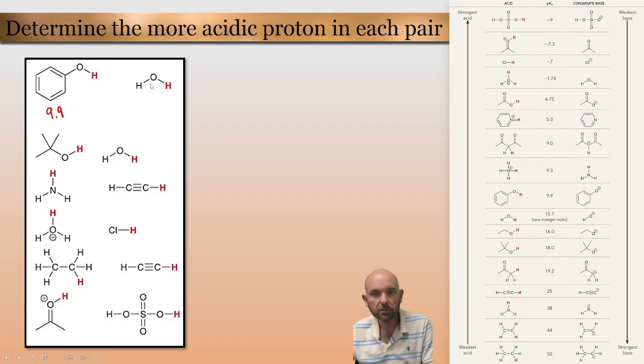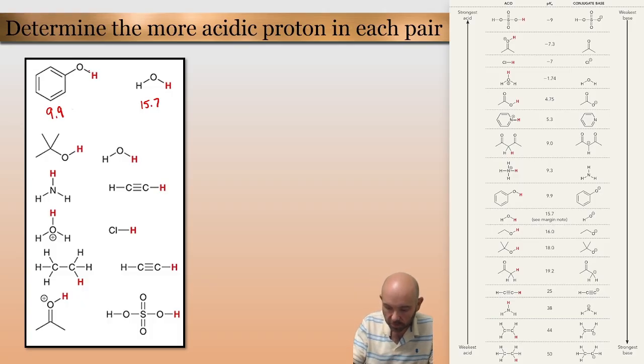And here we have the humble water molecule, and we can see that water sits on our pKa table. One of its hydrogens has a pKa of 15.7. So the question, determine the more acidic proton, is asking which is easier to give up. Is it easier to give up this proton or this proton?